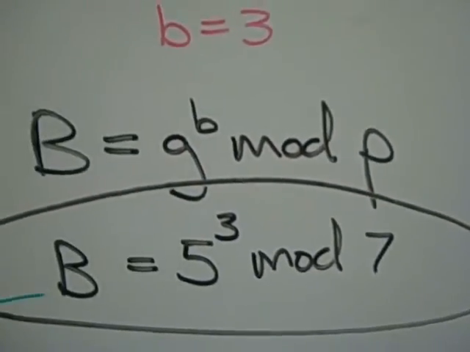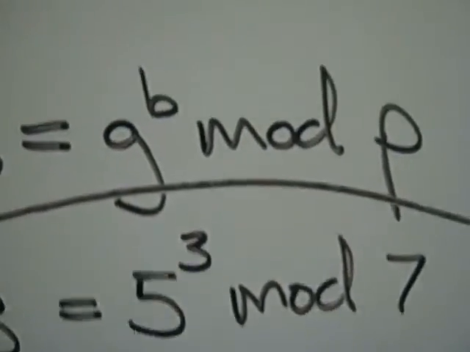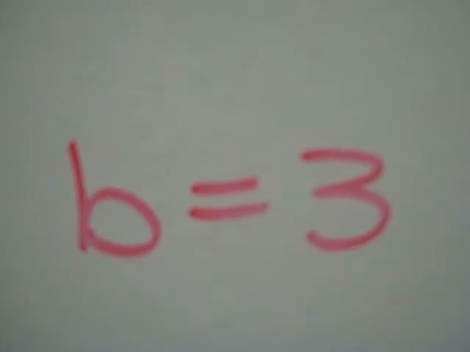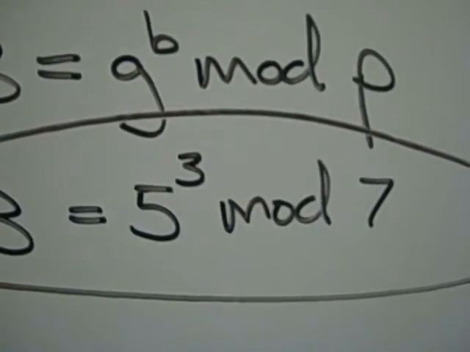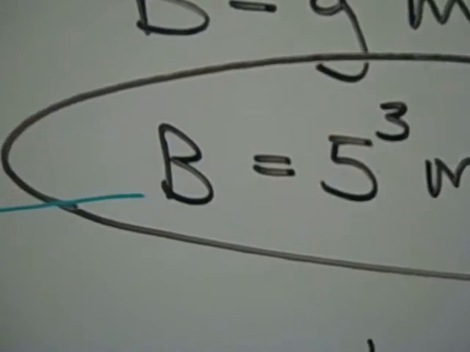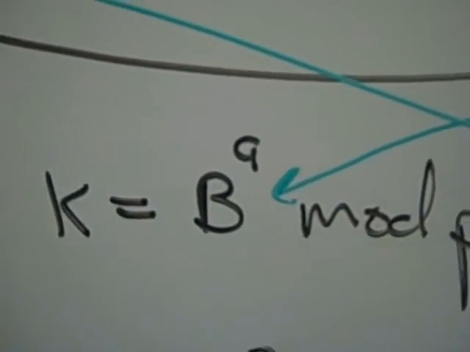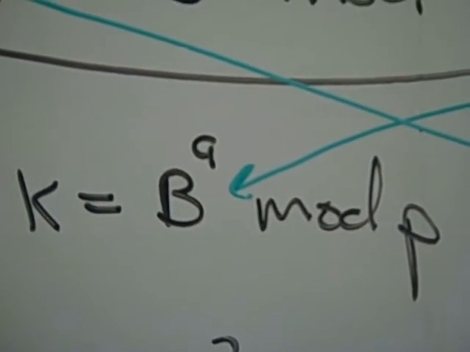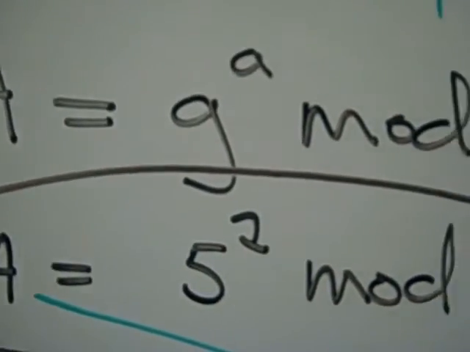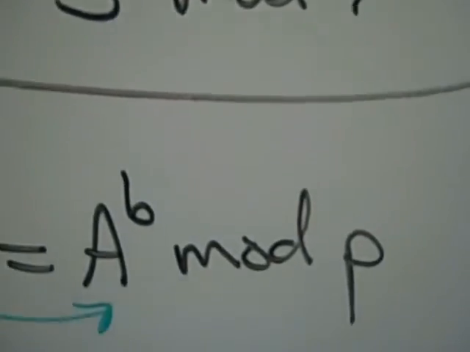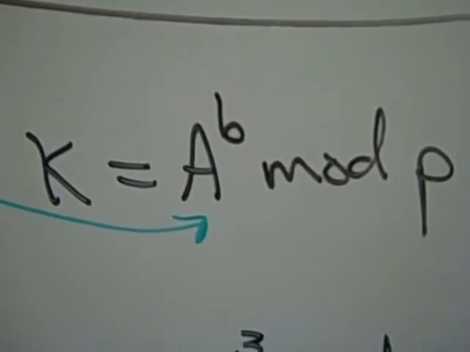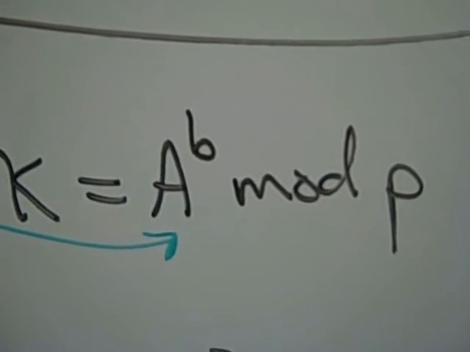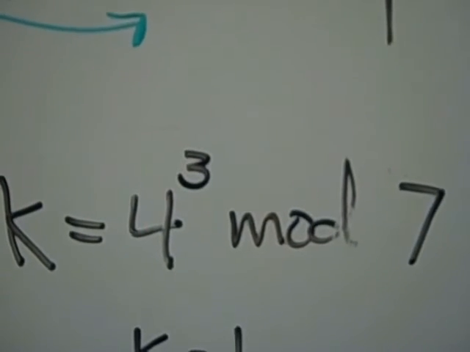Then on the other side, same G and P, except they used their own private piece of information and calculated it. And then the B value was sent over here, and the A value was sent over here, and using their information again, calculated it.